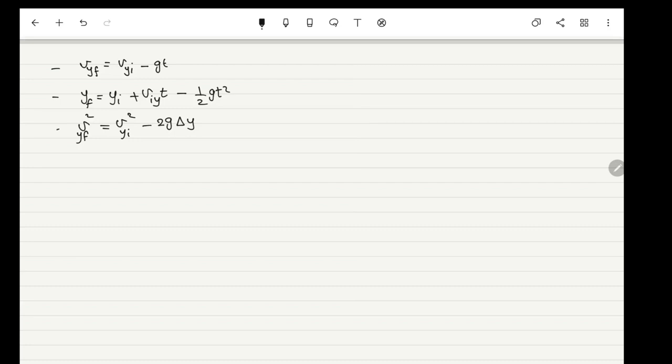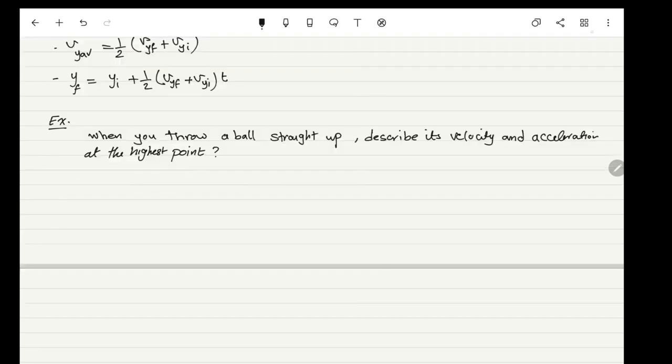This is the third one here. And Vy average equals half of (Vy final plus Vy initial), and y final equals y initial plus half of (Vy final plus Vy initial), all multiplied by t.